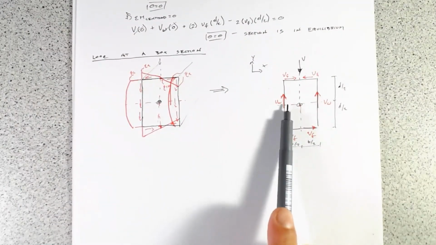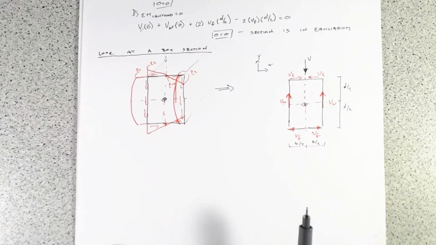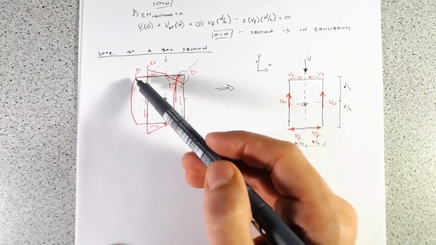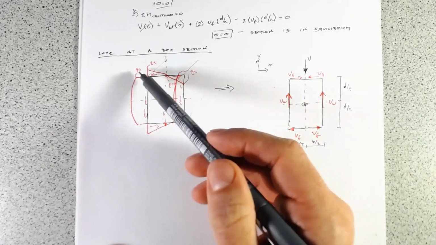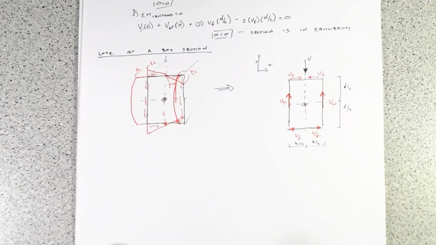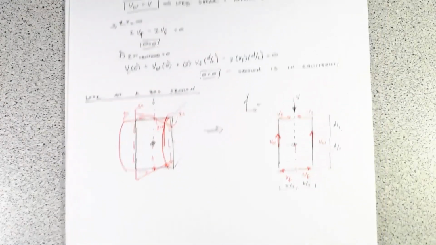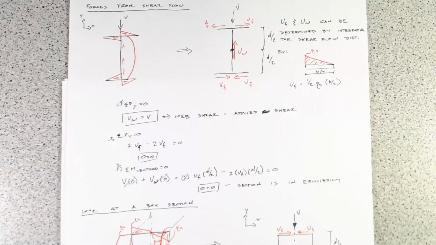And then the magnitudes of V sub W, well, we can either find the profile of our vertical shear stress distribution and integrate that over the height, or we can do a shortcut.